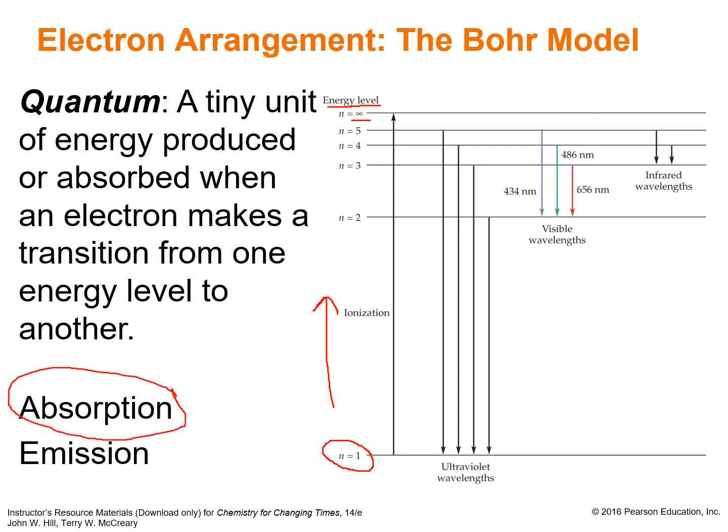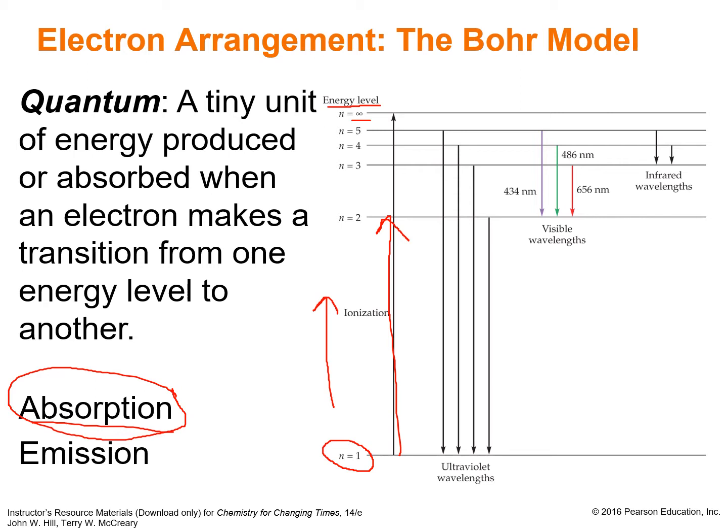Absorption means when an electron is absorbing this energy to jump from n equal to 1 to any higher energy level. For example, I'm making the electron jump from n equal to 1 to 2. That would be referred to as absorption.